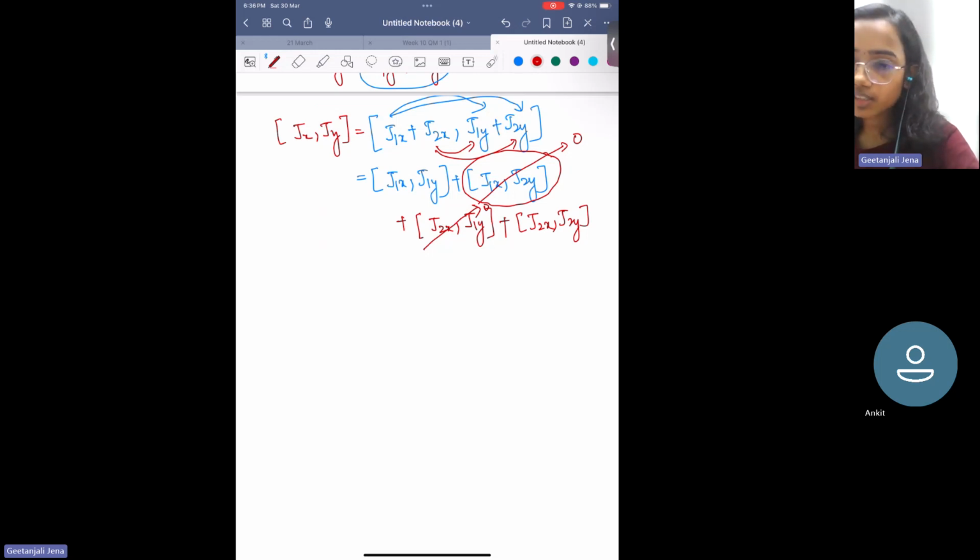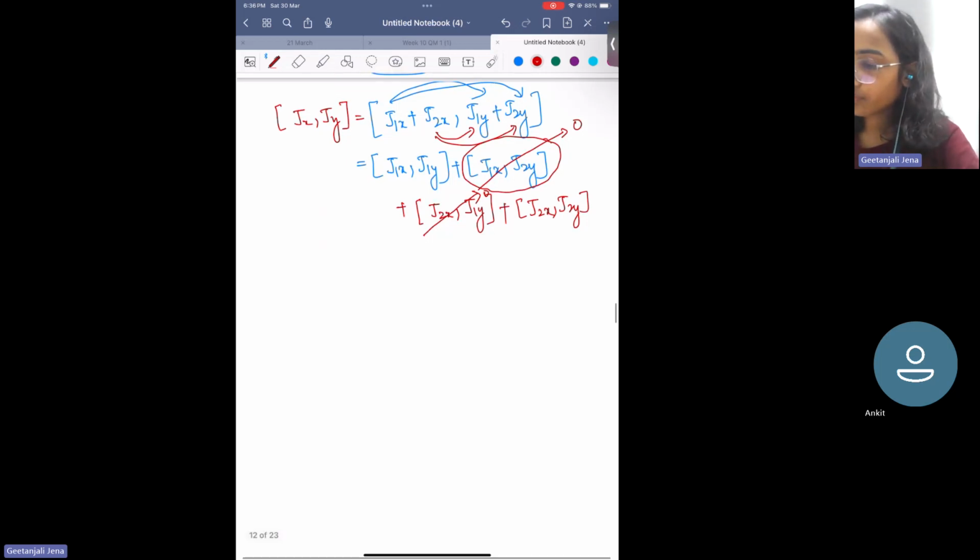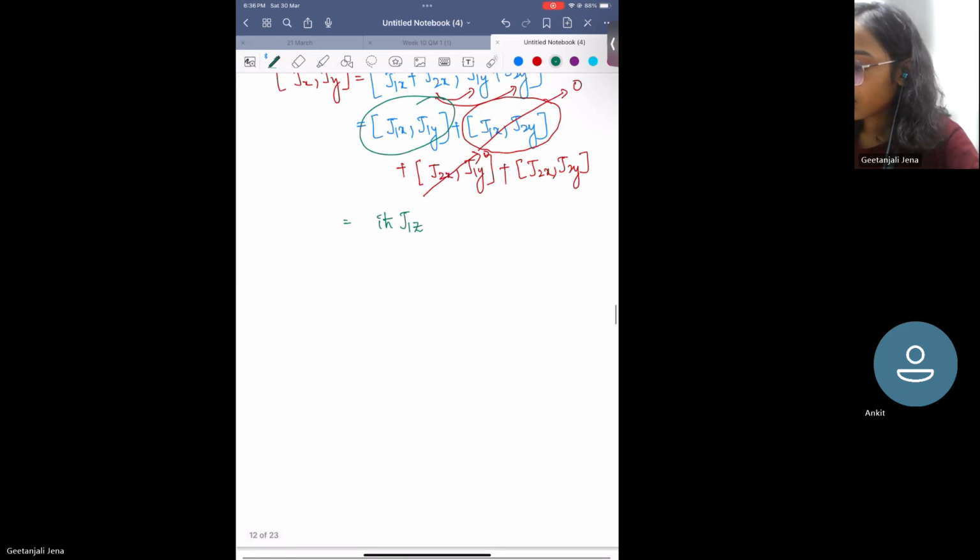If they are for the same particle, then it's not 0. Like the first one, it is J1x and J1y, so you will get iħ J1z. And this one, you get iħ J2z.